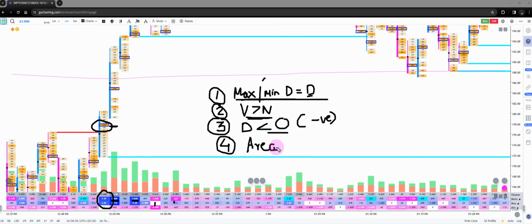I'll just erase this and make it a little better. What I'm looking at is that the close of the bar on which we're planning to take a trade should be lower than this high value area, or the area where the aggression was seen. I know it is a little confusing, but this is what we're looking at. If you get used to this, it is a lot simpler than just looking at the numbers.